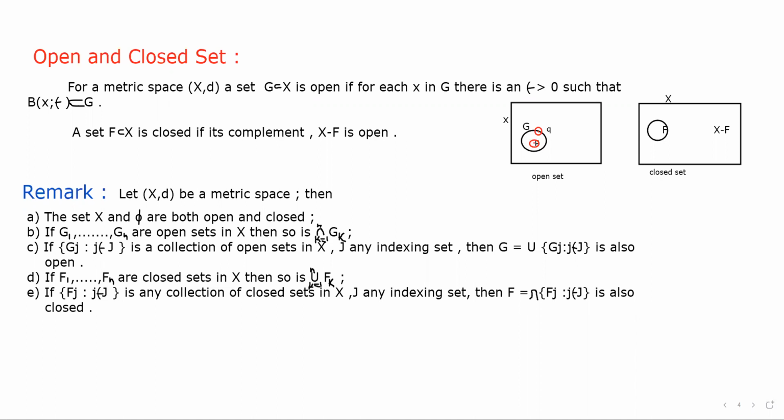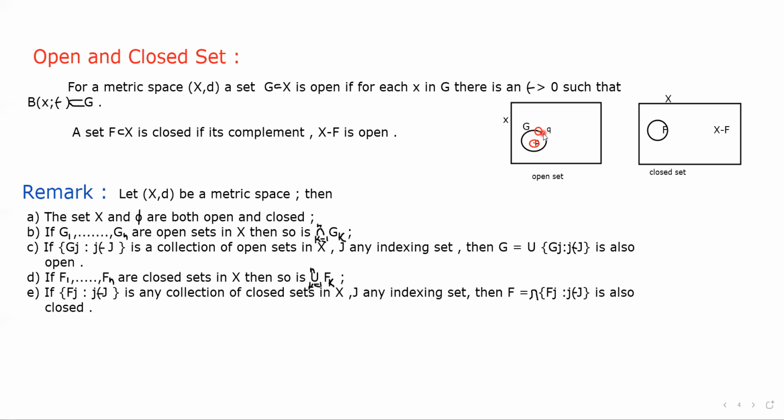For open set, the definition says G is a subset of X. So here G is a subset of X, and for each x in G there is epsilon greater than 0, such that B(x, epsilon) is a subset of G. Okay, so if we consider a subset G, and we take 2 points, one P and second Q, if you look, the ball B whose center is P is totally inside the set G. Okay, and if we take the boundary point, then we can see that its ball is not totally contained in G. So we cannot take the boundary points of G.